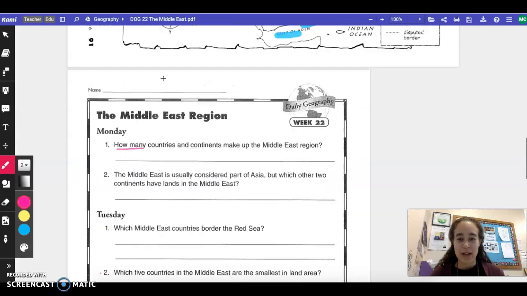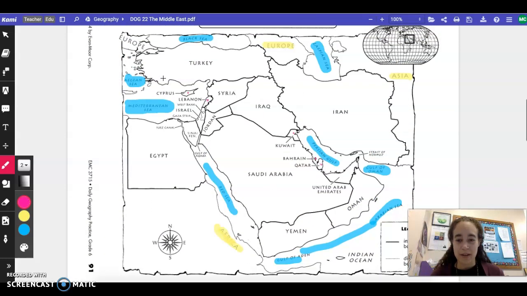And so if you look at your map of the Middle East, you're going to see that that is this tiny strip here between the Mediterranean Sea going down towards the Red Sea. So ships that can pass through here can more easily get from Europe over to India without having to go all the way around Africa.